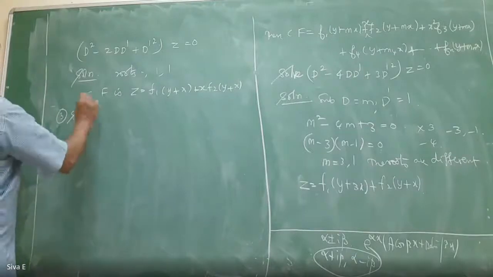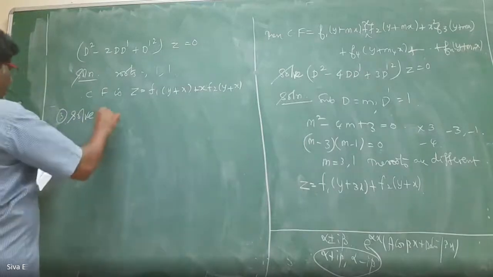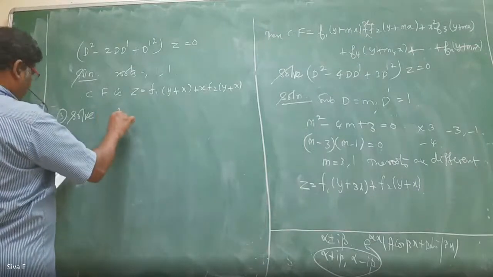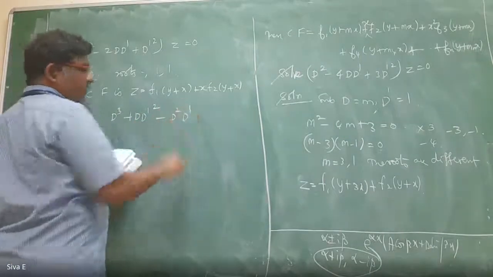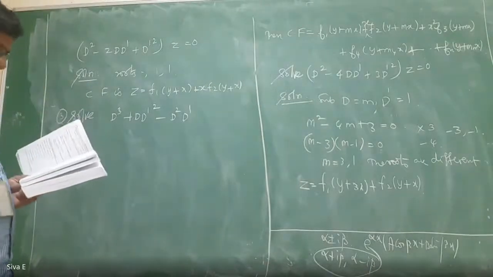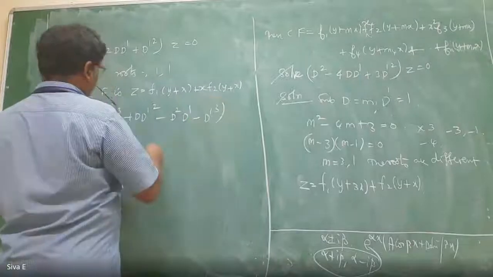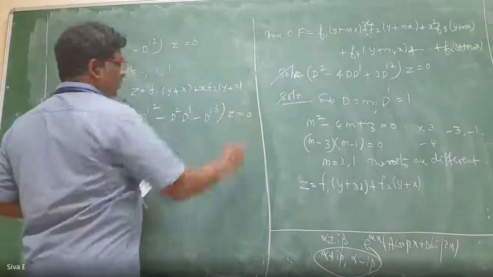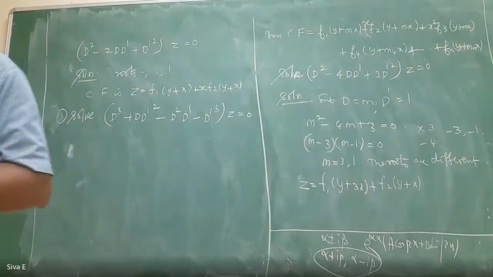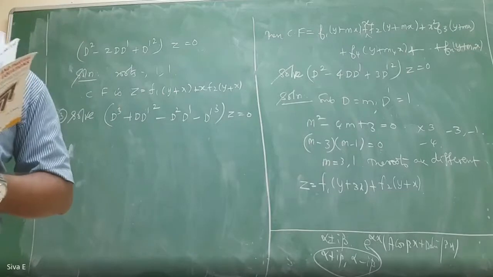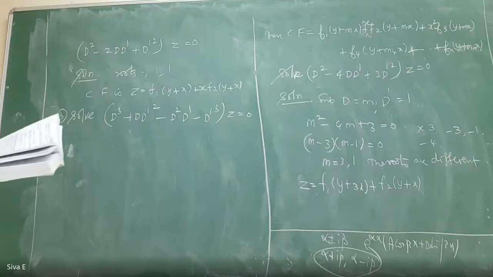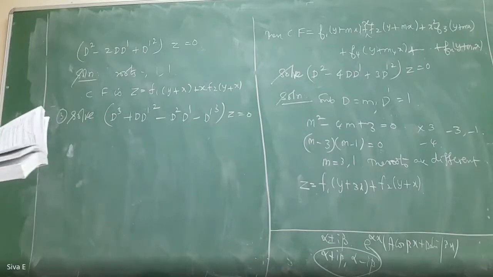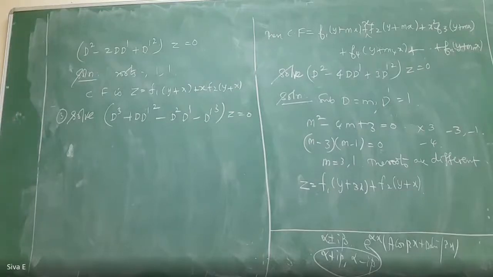Solve D cube plus D dash square minus D square D dash minus D dash cube into z equal to 0. Then what is the auxiliary equation here?